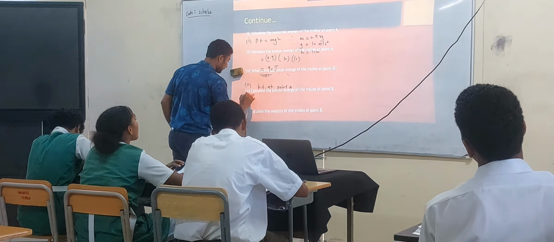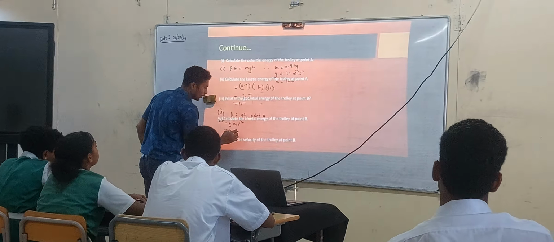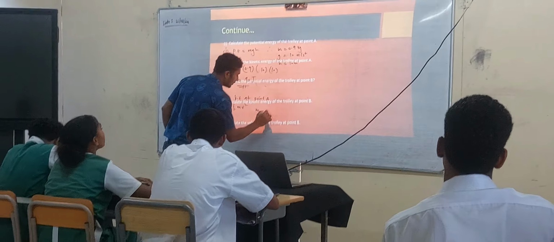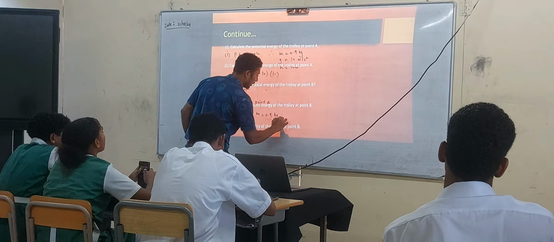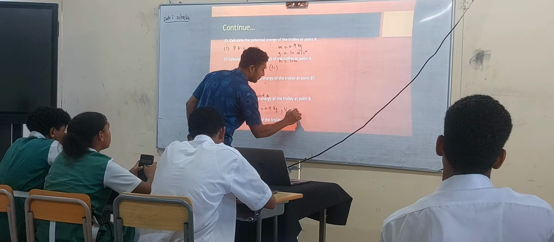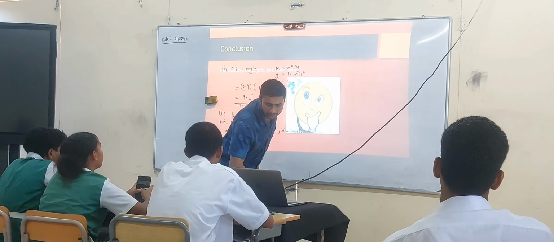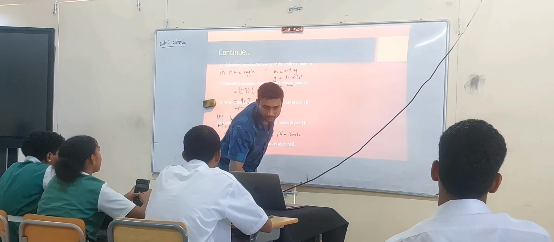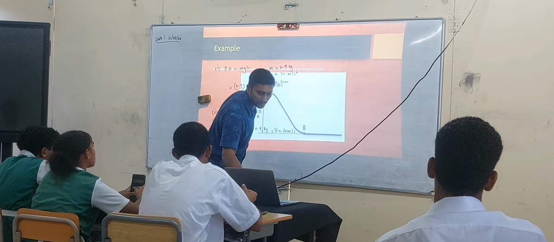Half mv squared. So mass is what? 0.9 kg. And what was the velocity? 10 meters per second.